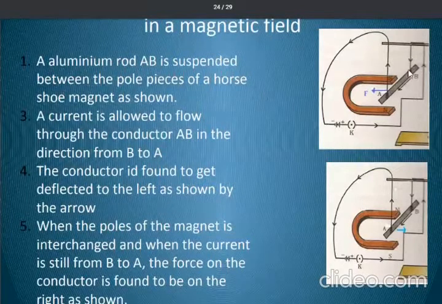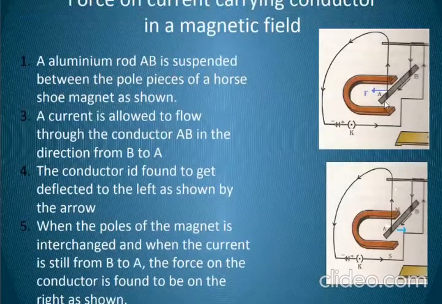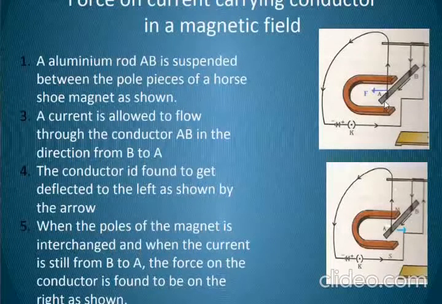This is an aluminium rod because you will see that aluminium rod is not attracted or repelled by magnets. It is non-magnetic, that's why we have taken it. But aluminium rod is a good conductor of electricity. That's why this aluminium rod is taken for observing this force, the magnetic force acting on a current carrying conductor.